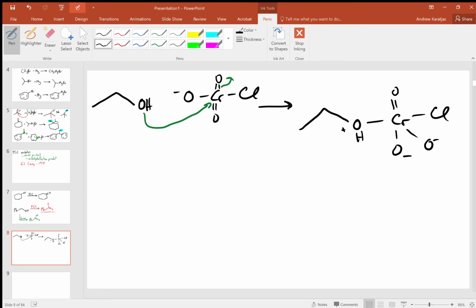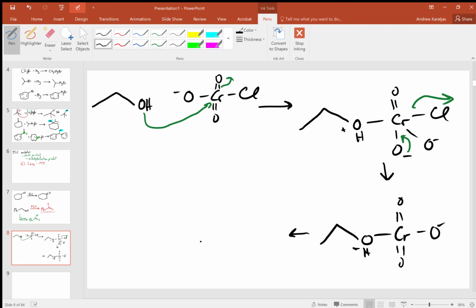Which gives us this intermediate, where one of these oxygens adds in its lone pair, reforms the double bond, and kicks out chlorine. We lose the proton on that positively charged oxygen.